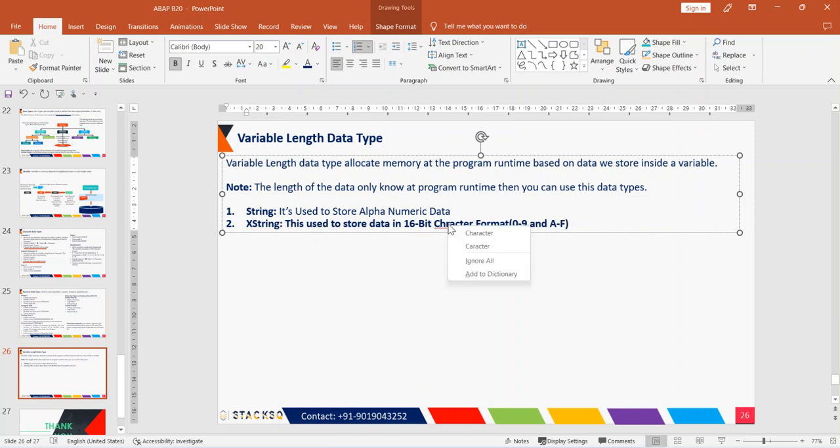Both, the first one behaves like the character data type, the second one is like the hexadecimal data type. The only difference is memory. Memory will be allocated at program runtime, not at the design time.